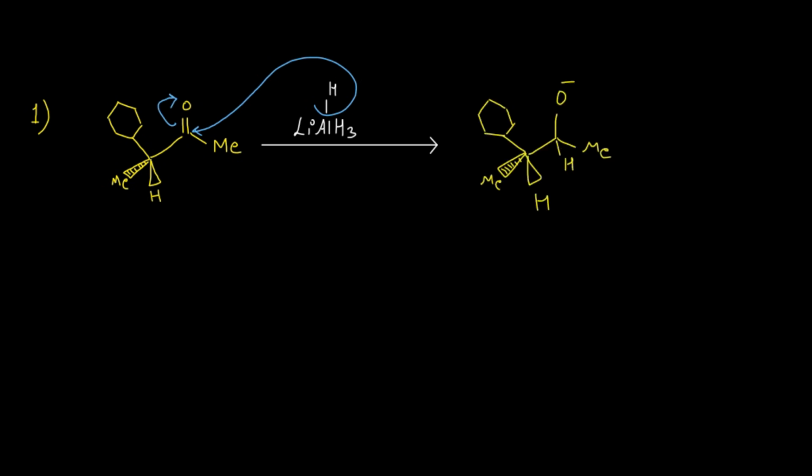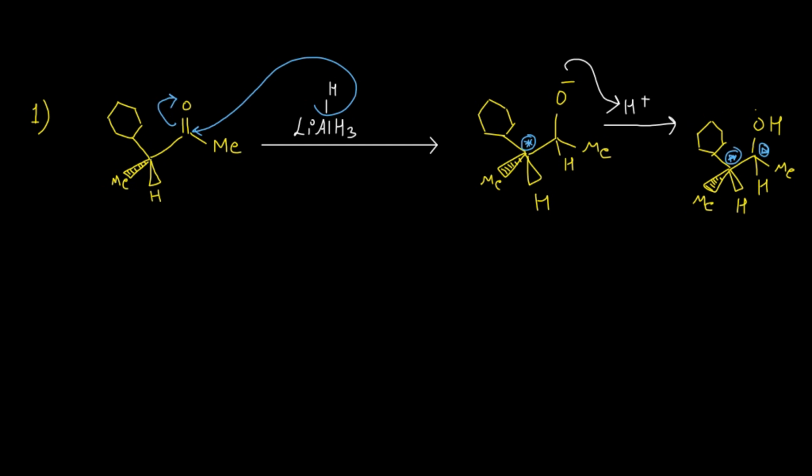And if you notice this one, this is basically the pre-existing stereo center on this particular molecule. And when you do the protic workup, you will have this species. So this was your pre-existing chiral center in the molecule, and you have produced another chiral center here.